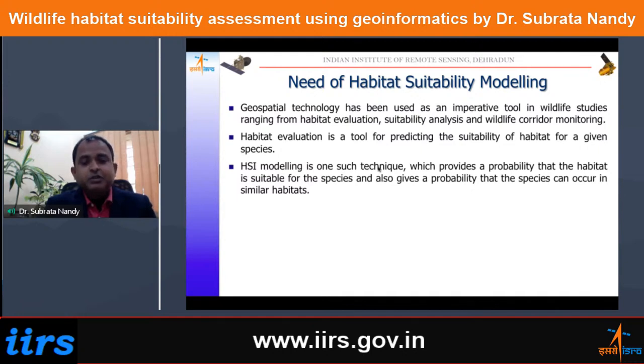That means at the end you will generate, let's say, a map which will show the areas which are suitable habitat for the species, and which are unsuitable or least suitable for the species. Habitat suitability modeling is one such technique which provides the probability that the habitat is suitable for the species and also gives the probability of the species that can occur in similar habitat.